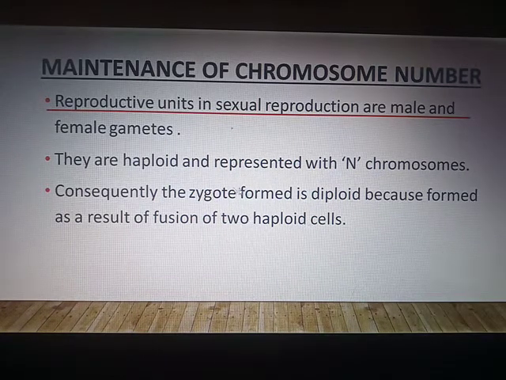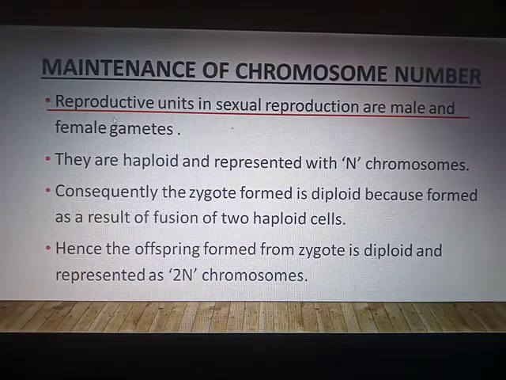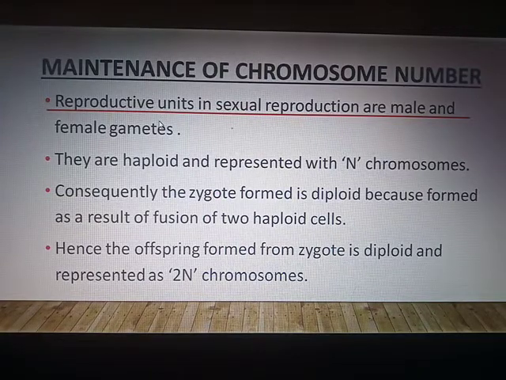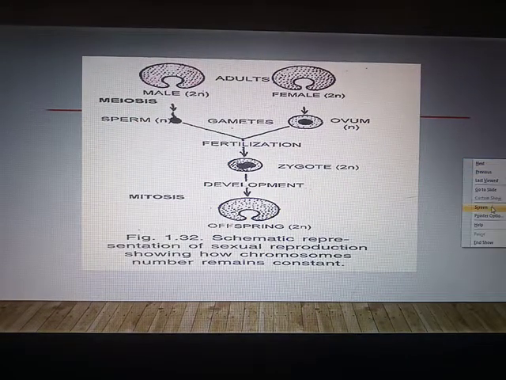Sorry, a diploid zygote. Clear? Hence, the offspring formed from zygote is diploid and represented as 2n. Clear? I hope you will understand, let us see the diagrammatic representation.